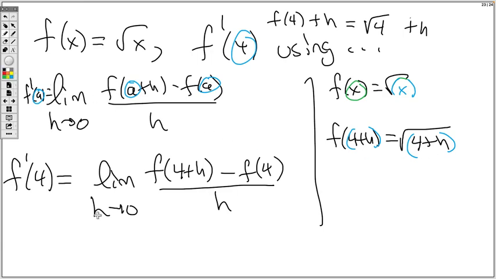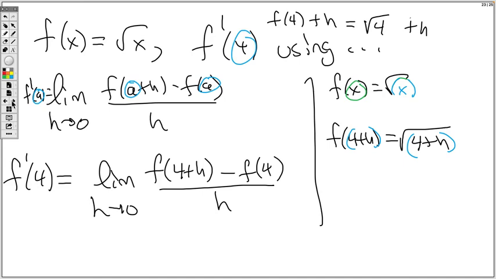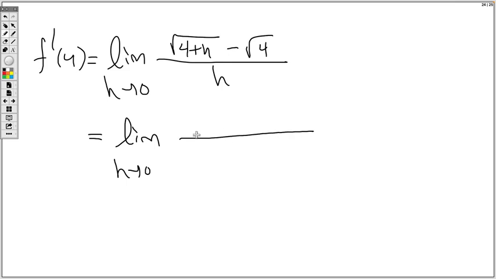Right? Okay. So f prime of 4 is the limit as h goes to 0 of f of 4 plus h, that's the square root of 4 plus h, minus f of 4, square root of 4, over h. That's the limit as h goes to 0 of the square root of 4 plus h minus 2 over h.